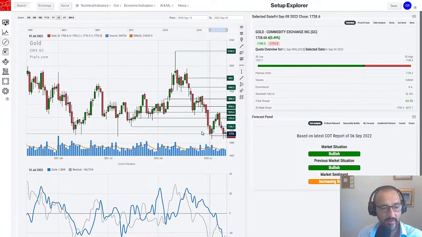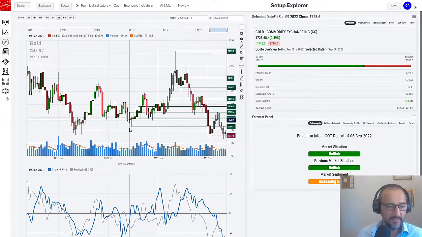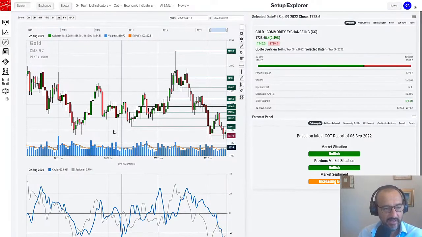Well, this resistance is coming from this candle, which is on 2021 September. So our script is identifying those price levels, an important price that comes from 2021.